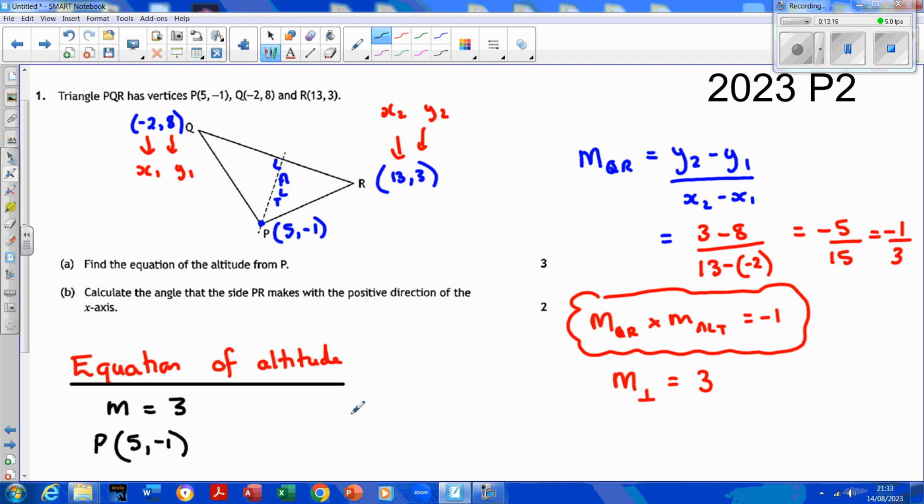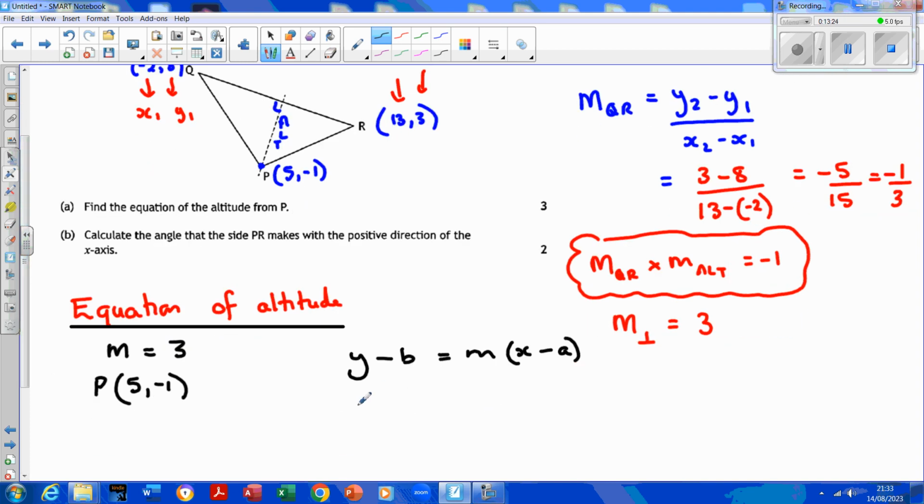And we're back to our normal formula, y minus b is equal to m times x minus a. We're now going to sub that in. So y minus b, so remember that is a, and that there will be b. So y minus b is y minus -1, and that's equal to 3 times x minus 5.